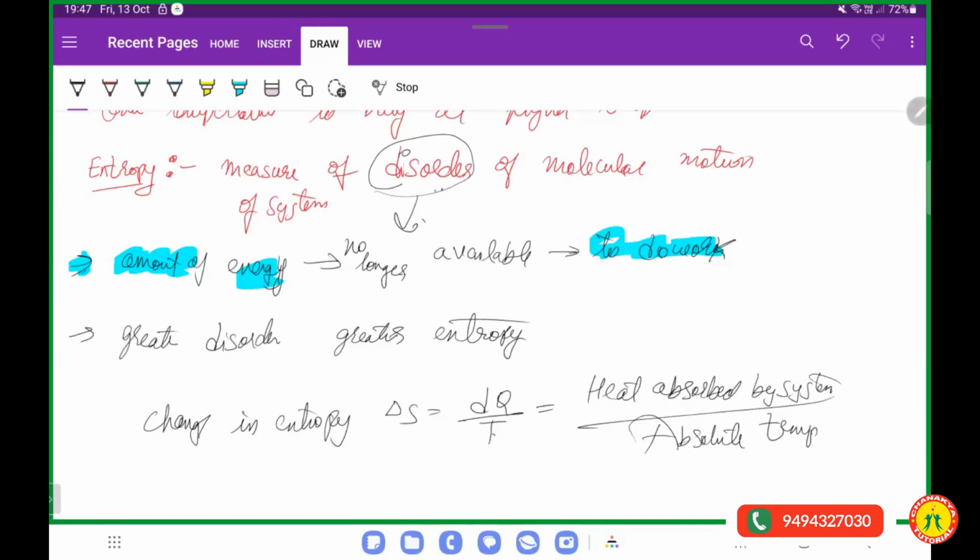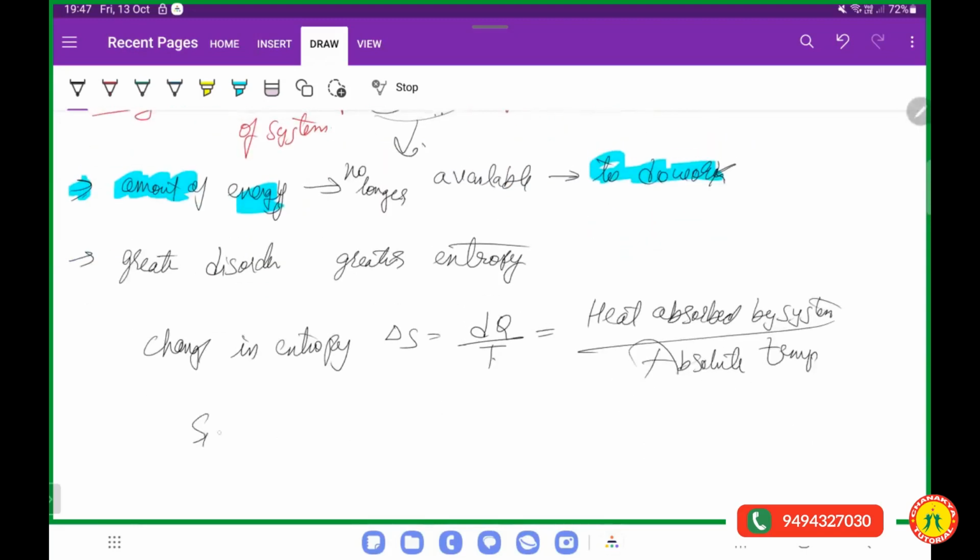So this will be S final minus S initial, or we can say S1 minus S2 equals the integral of dq by T. T is not in the integration, only dq.